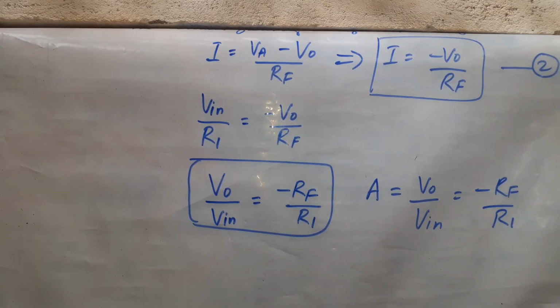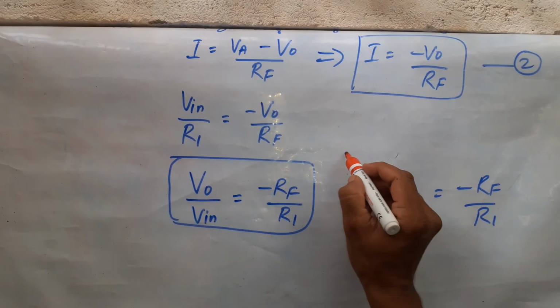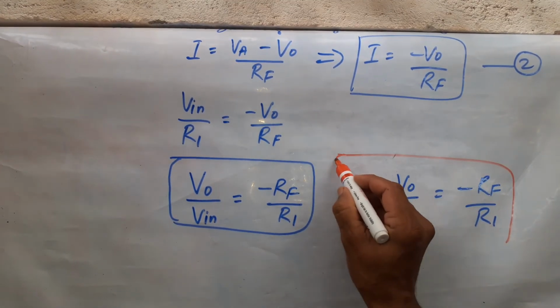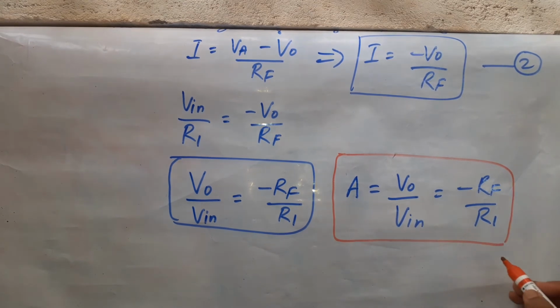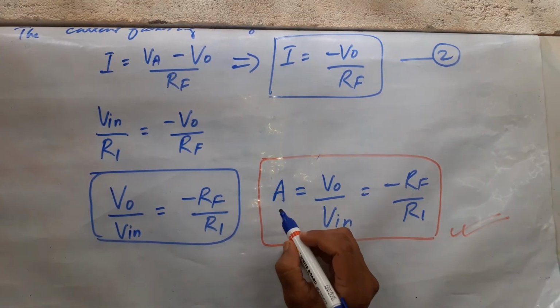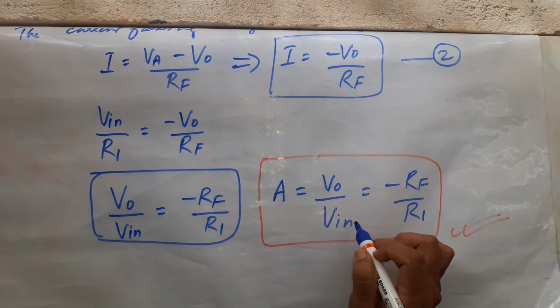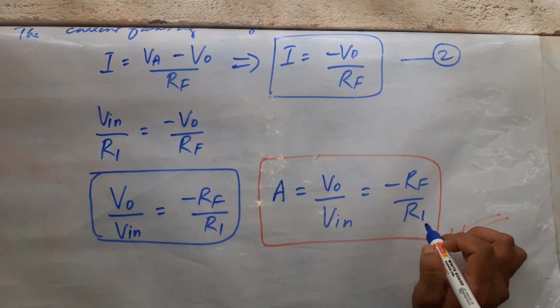Now you have to remember this, a very, very important equation. If this is the gain, which is always equal to V0 by V in, here we have got it as minus RF by R1.